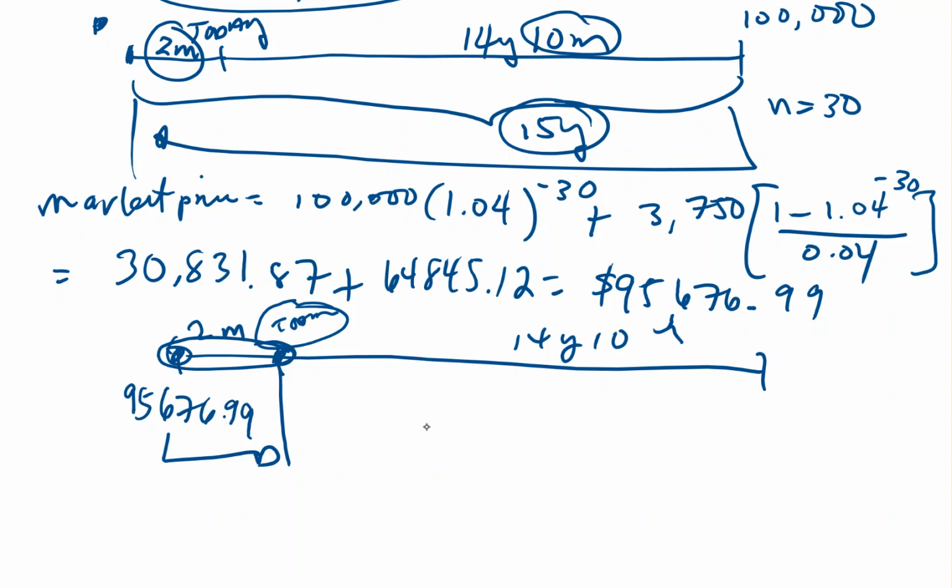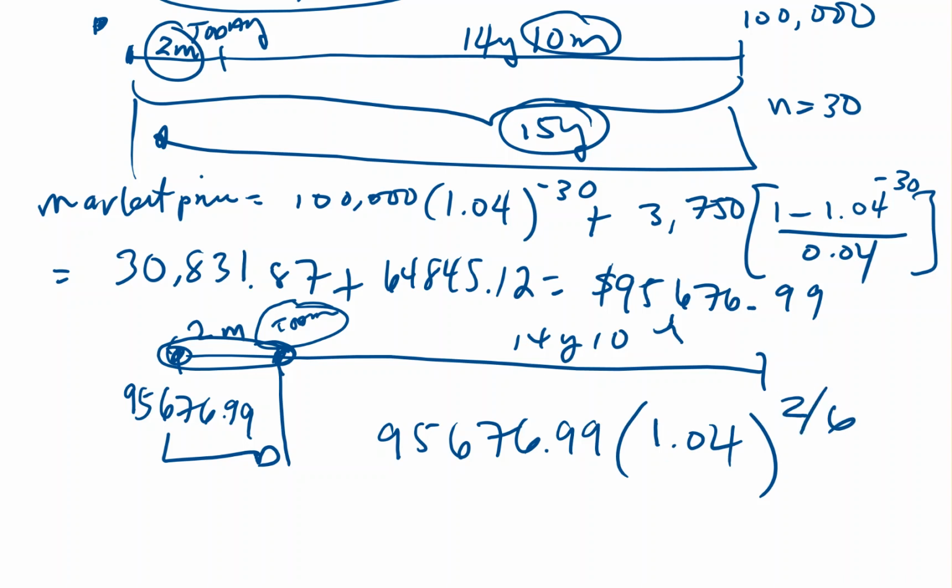It's 95,676.99 times 1.04, brought to the power of 2 months out of 6. You get the partial interest for the 6-month period. Remember, semi-annually is every 6 months.